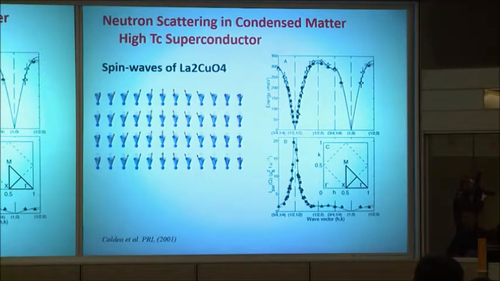Also, this is another result to study the high-TC superconductor. This is a classical work, the spin wave of this kind of high-TC superconducting material.